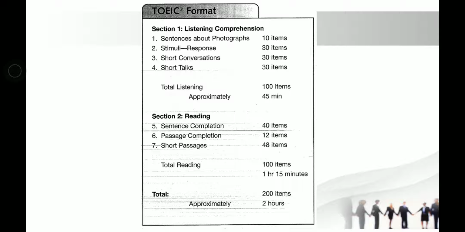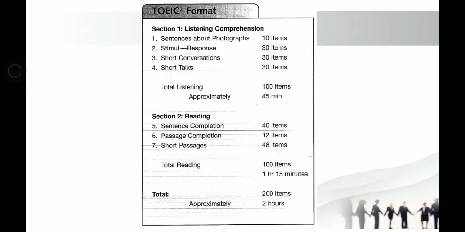In section 2, the reading comprehension test, there are 3 parts: sentence completion, passage completion, and the last is short passages. The total is also 100 items, but the time is about 1 hour 15 minutes.